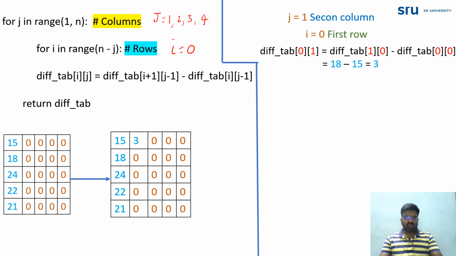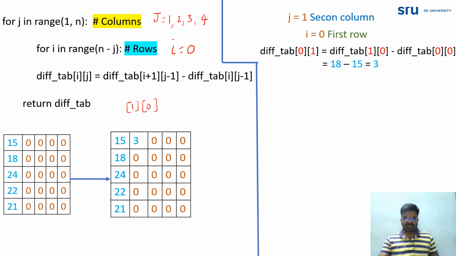See how to write the formula. First, I will show 18 minus 15. The first difference is 18 minus 15. 18 lies in the second row, first column. The second row index is 1, the first column index is 0.